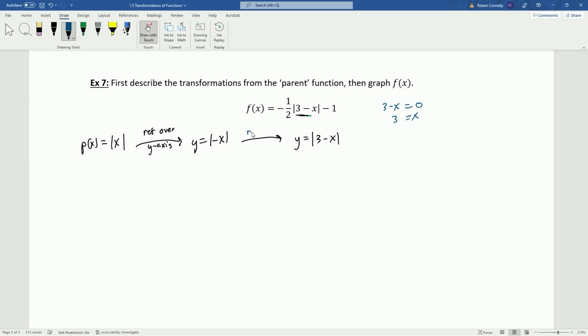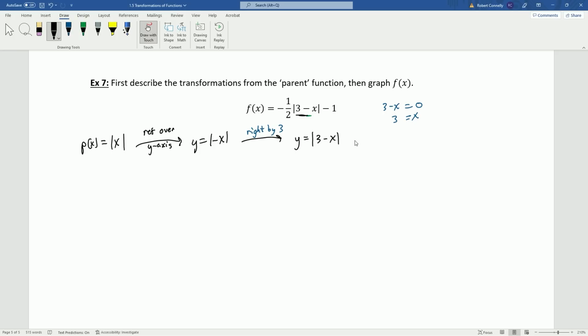So that tells us this is a shift right by 3. You might be tempted to think, oh, it's the opposite of 3, so left 3. But that's not correct. That's why I always insist that you set this equal to 0 and solve it to see what x needs to compensate for to give you the same original input values. So it's best to just set this equal to 0 and solve it, so you don't make mistakes when you have a weird case like this one.